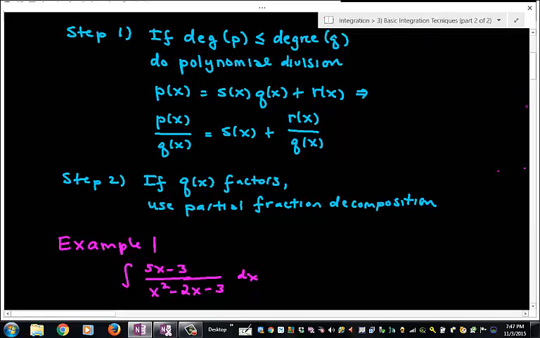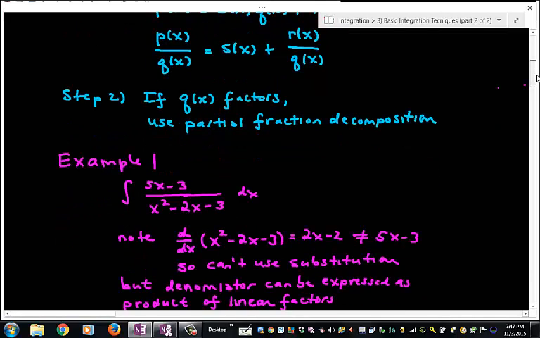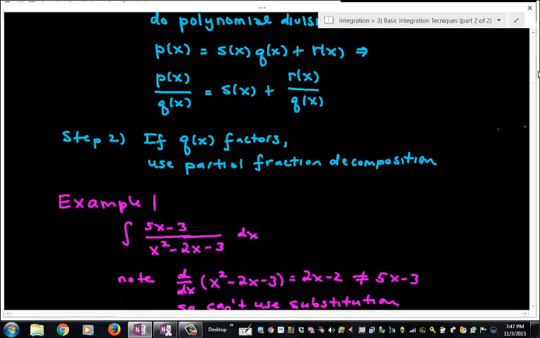Okay. Now, it's worthwhile whenever we have a situation like this to see if we could use substitution. In other words, if the numerator was a derivative of the denominator, I could do change of variables. But we see that it's not. So then we use partial fraction decomposition.